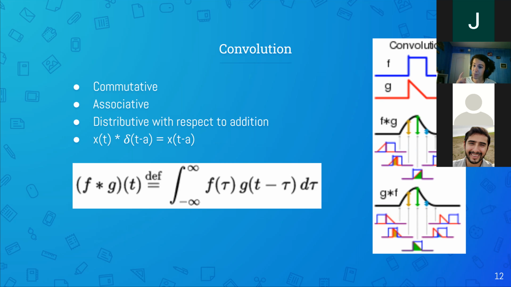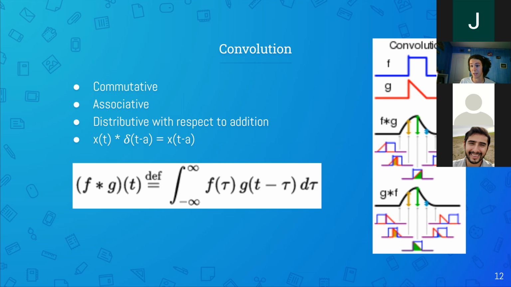And then the most important part is that x of t convolved with the delta function is x of t minus a. This is where the sifting property comes into play. You can sort of think of the delta function as like, in the same way that you have eigenvalues of matrices, the delta function is an eigenfunction of the convolution operator. It's like the identity of it. Nothing changes, right?